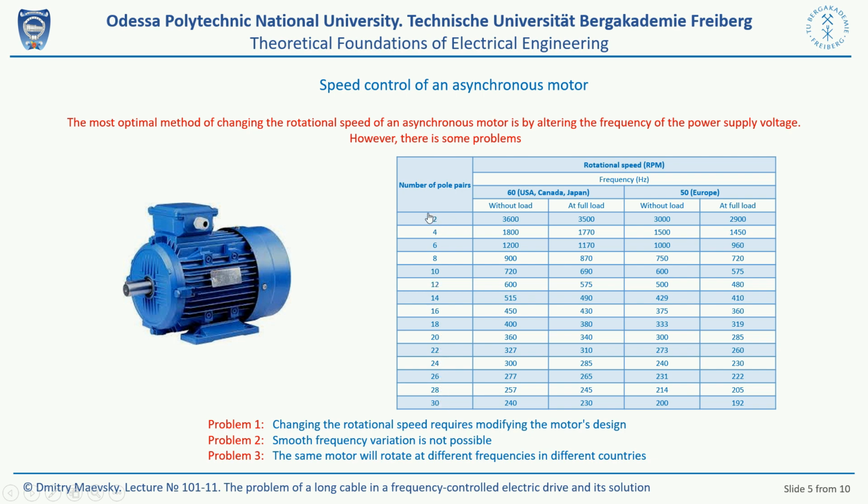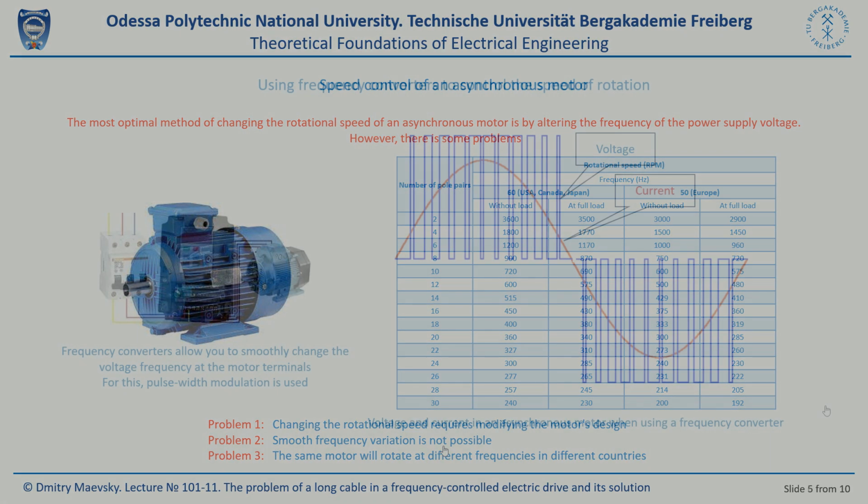For example, a motor with two pole pairs would rotate at 3,600 revolutions per minute in the United States and only 3,000 revolutions per minute in Europe. And it's impossible to change the rotation speed. This, in fact, is the main and very large problem.